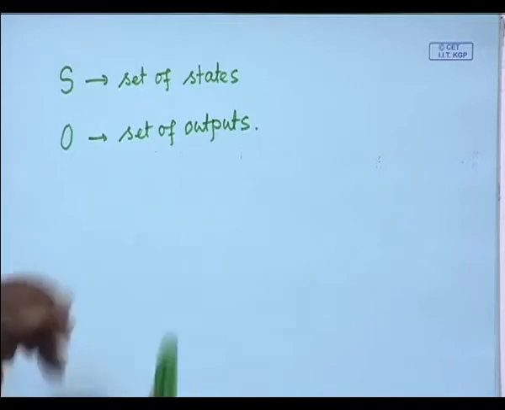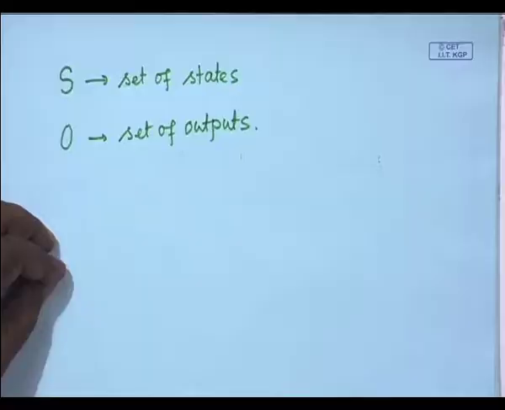So, when we have this finite set of states, one of the states is called an initial state and one of the states is a final state or an absorbing state.